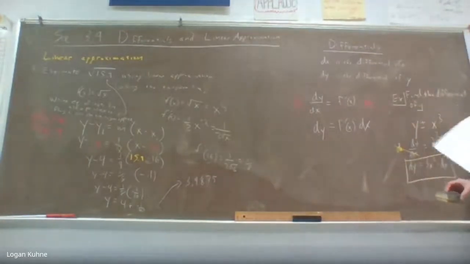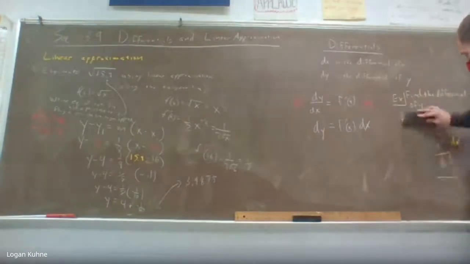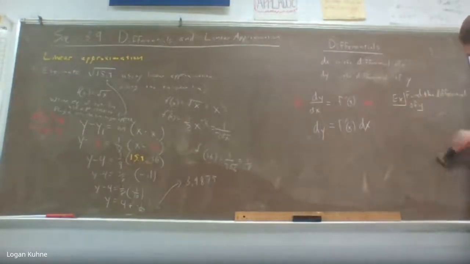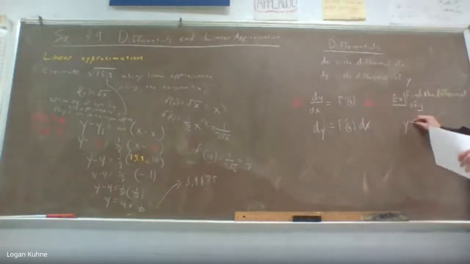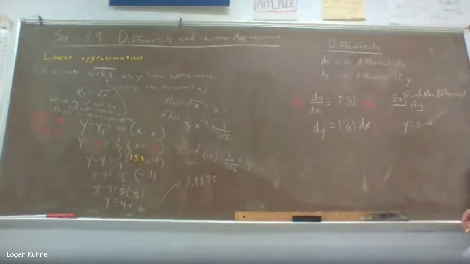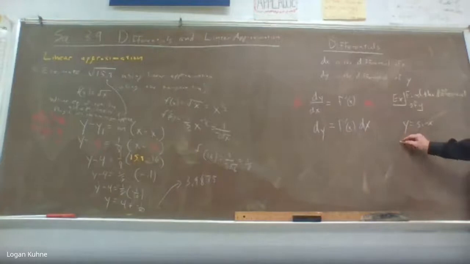Because some of you are still thinking it can't be that easy, let's do one more. y is equal to sine of x. Okay. What is the differential? Well, first we're just going to take the derivative. dy over dx is equal to, the derivative of sine is cosine of x.